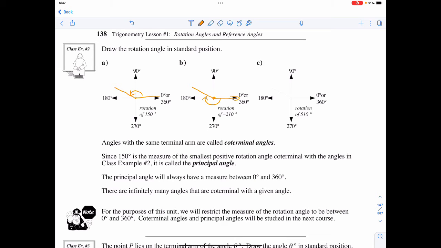The last one is going 510 degrees, still has the initial arm and the terminal arm in the same place, but this one is going to be positive, so it's going to rotate in this direction. But it's going to go around more than once and then wind up back around there.